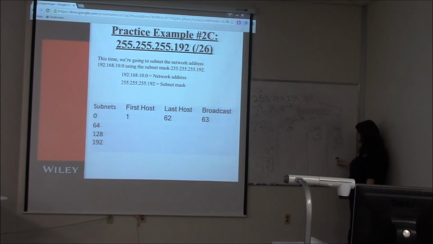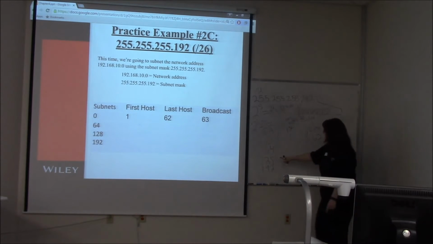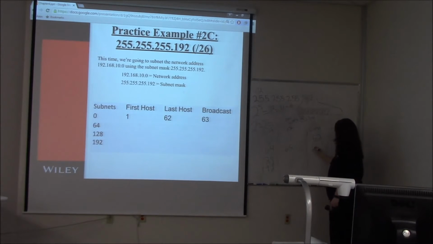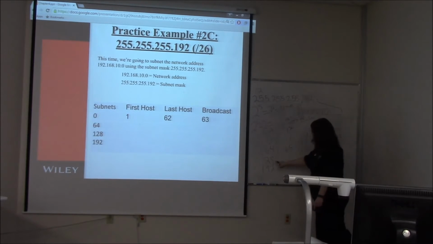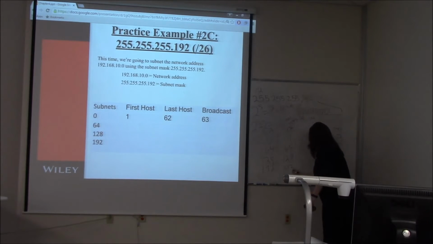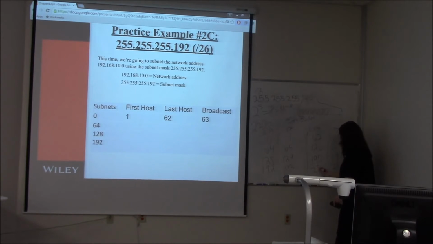How about this one? 191. 255. So if I know that information, well, I can say, okay, that plus 1 is 65. This minus 1 is 126. This plus 1 is 129. 191 minus 1 is 190. Gives us 193 and 254.